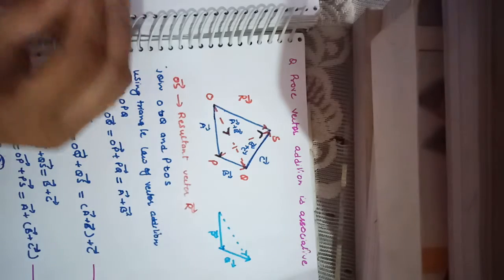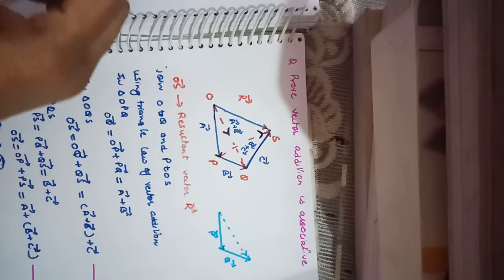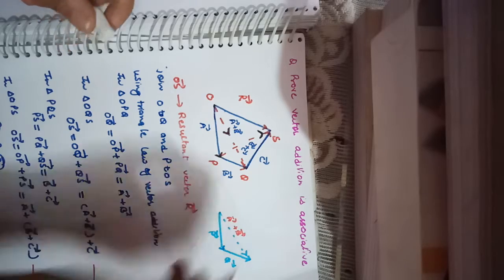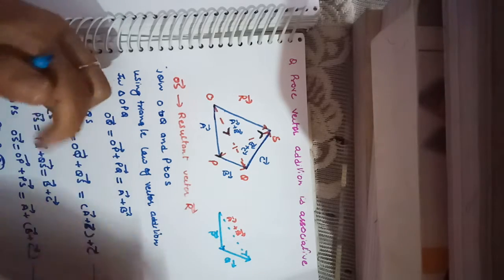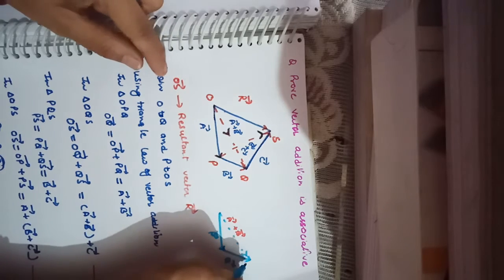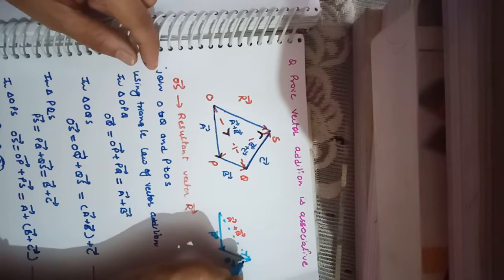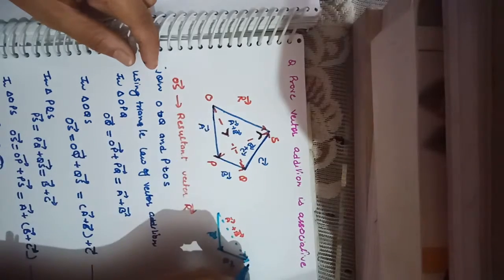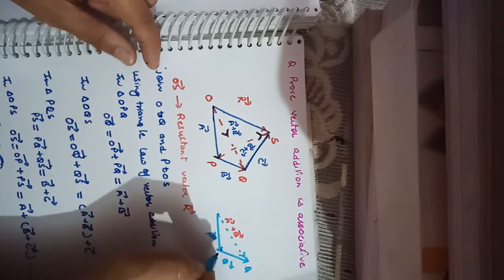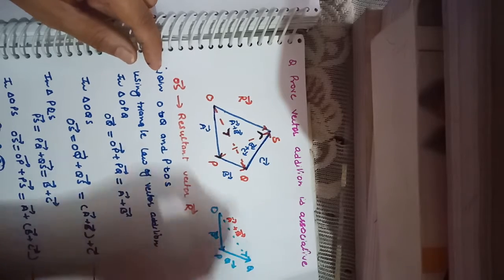So what is this vector? This vector is equal to A vector plus B vector. Okay, you have got this A vector plus B vector. Now what you are going to do? You are going to join another vector, QS vector, to the PQ vector.